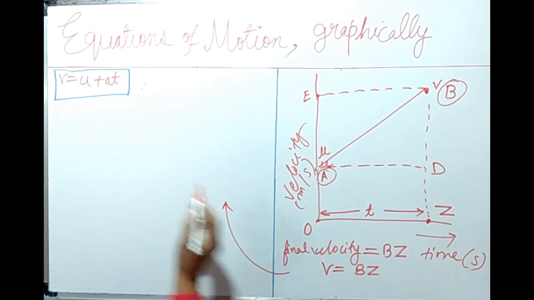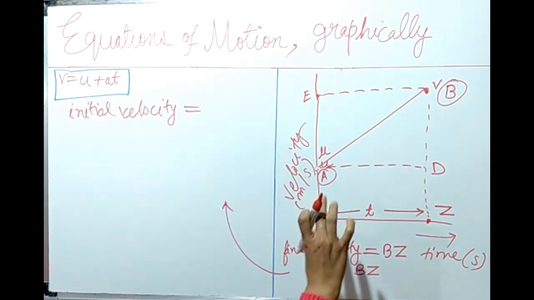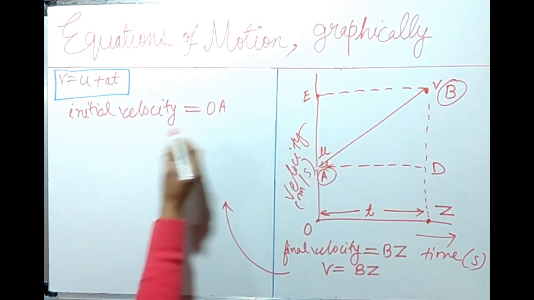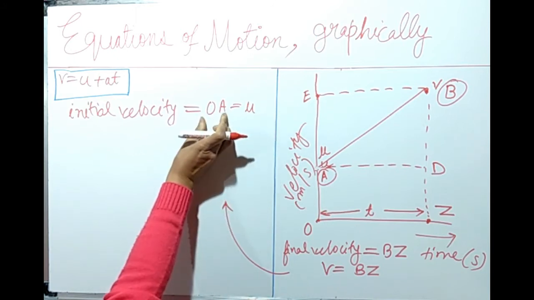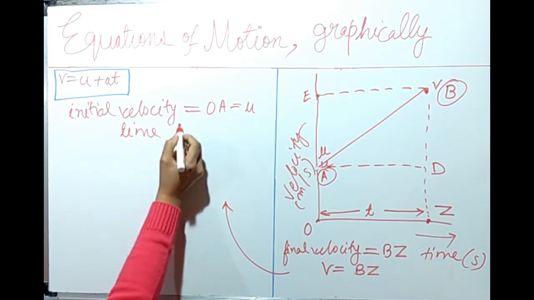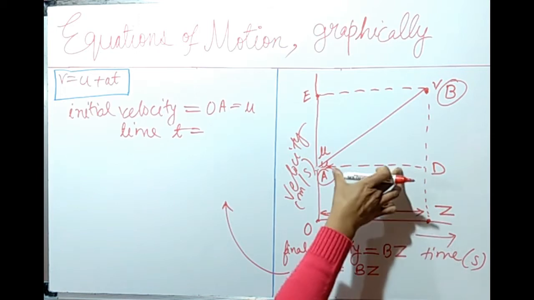Initial velocity u is equal to OA on the graph, and time t equal to OZ, or you can write AD also. AD is equal to OZ.